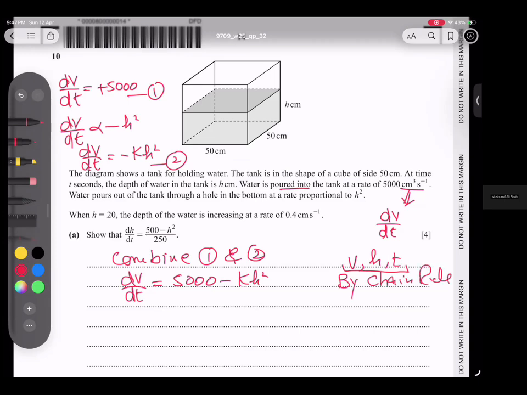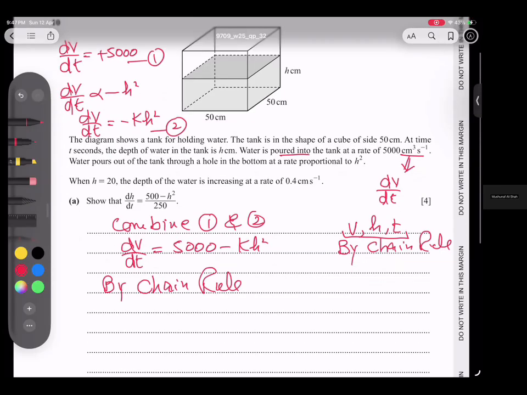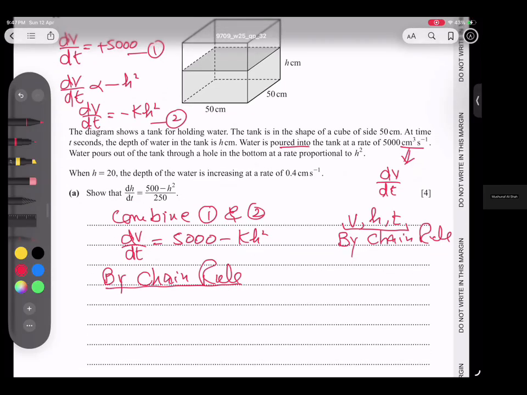So how do we use the chain rule? What is my target? I'm writing here, by chain rule, dh/dt, which we want to get.